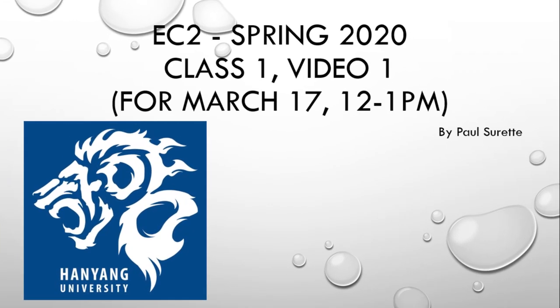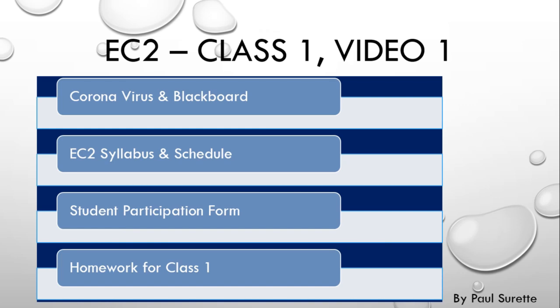So let's take a look at the contents for the first video. In this first video, I will try to cover 4 different areas. The first thing I will talk about is the coronavirus and how that has affected our classes this semester. I'll also introduce you very briefly to Blackboard, which is where you will find all the content for this class.